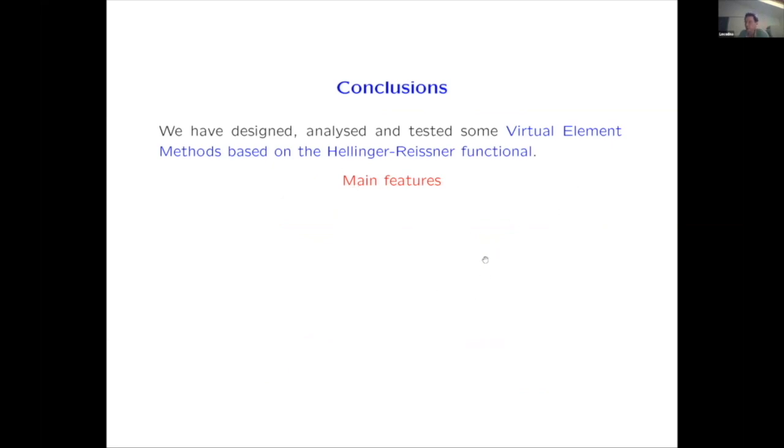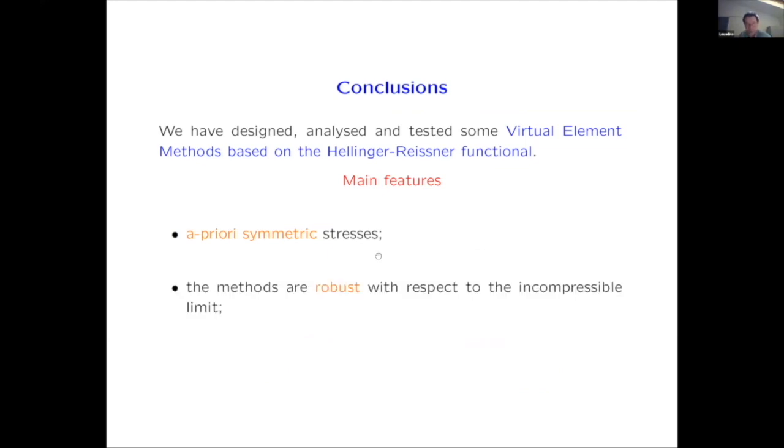So I'm coming quickly to conclusions. We have designed, analyzed, and numerically tested some virtual element methods using the Hellinger-Reissner functional. And the main features of such methods are that the stresses are a priori symmetric.